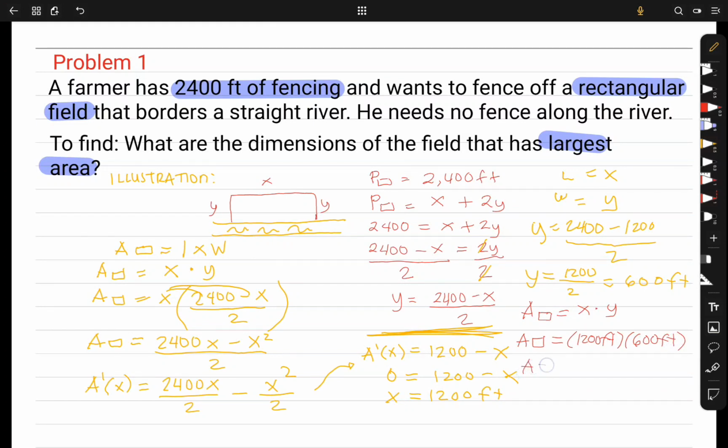So, that's a product of 720,000 square feet. Yeah. So, this will be our final answer.